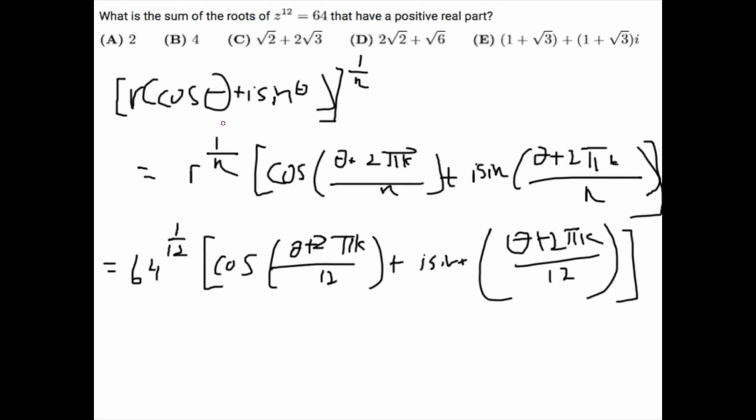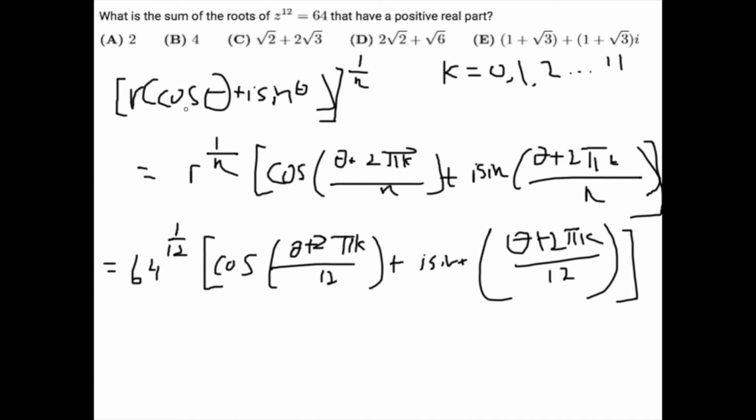So actually I forgot to explain that k is going to be 0, 1, 2 up to 11. And for each of these values you plug in, you're going to get a root. So in total, you're going to have 12 roots.